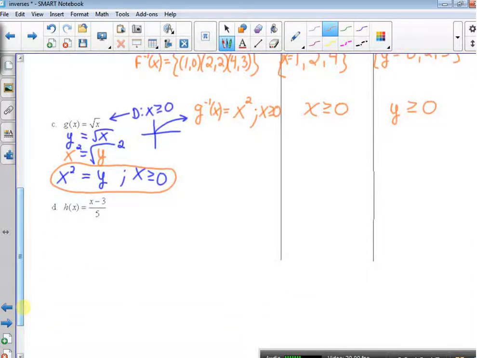D. H of x, again, I'm going to change that to y equals (x minus 3) over 5. And then I'm going to do the switch. So x equals (y minus 3) over 5. Switch the x and y. And then I'm going to multiply both sides by 5.